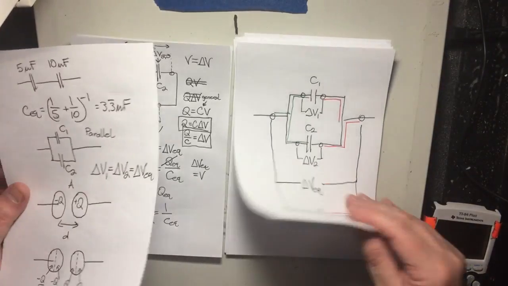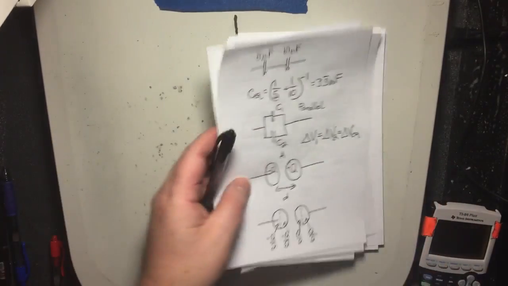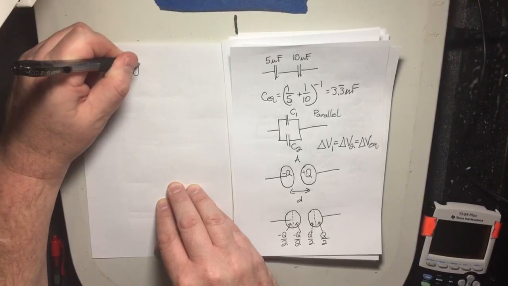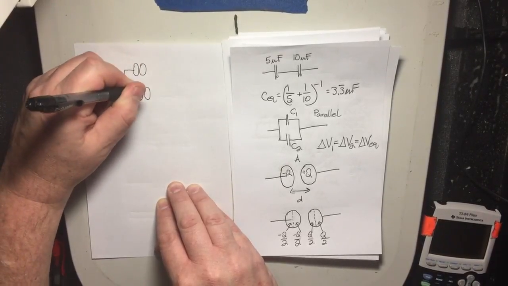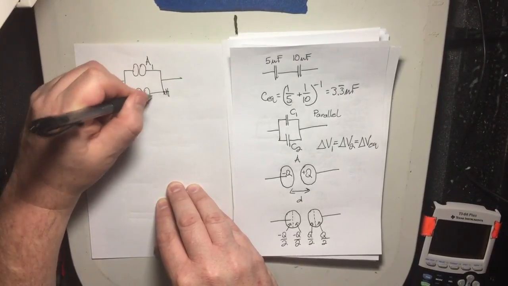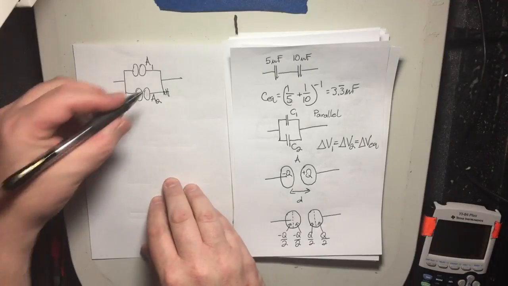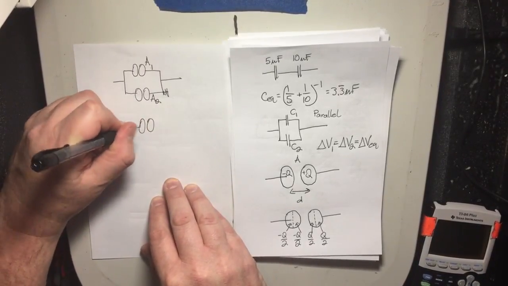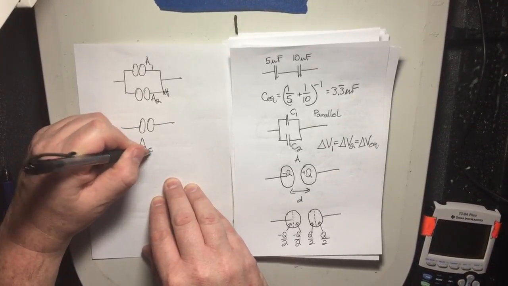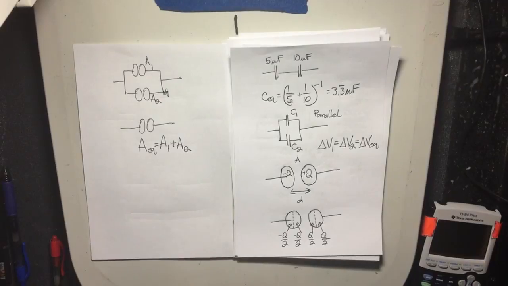When you have capacitors in parallel, it's a lot like when you combine and get the equivalent capacitance: this new A equivalent is equal to A1 plus A2, the areas add.